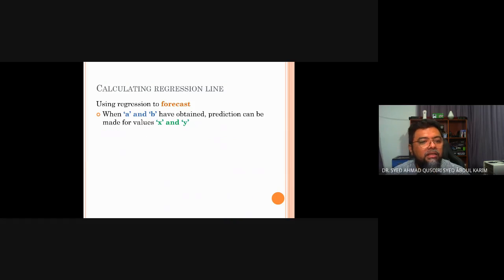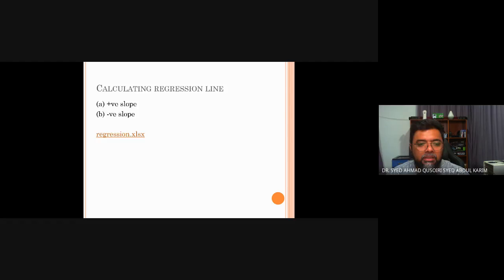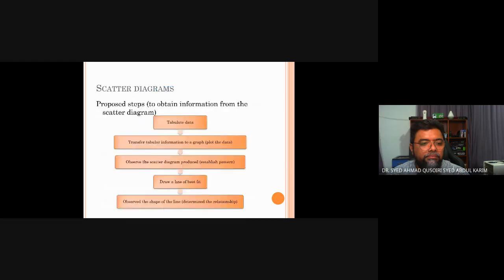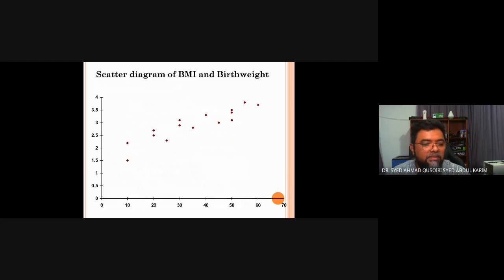Okay. Calculating the regression line, using regression to forecast. When a and b have been obtained, predictions can be made for values of x and y. Once you have this line, this observation is between 10 to 60 BMI.